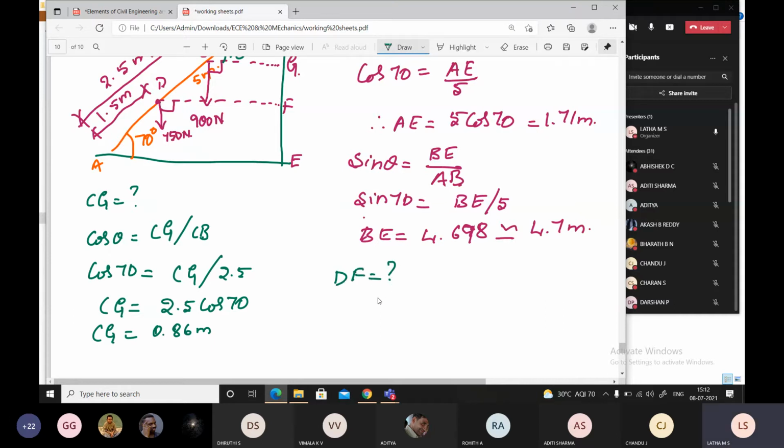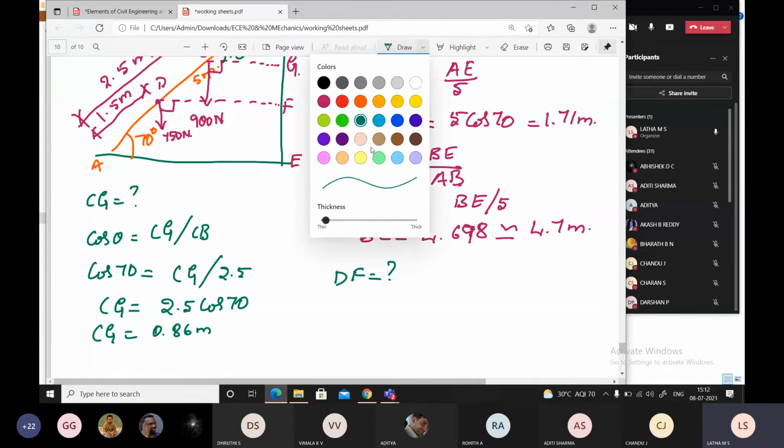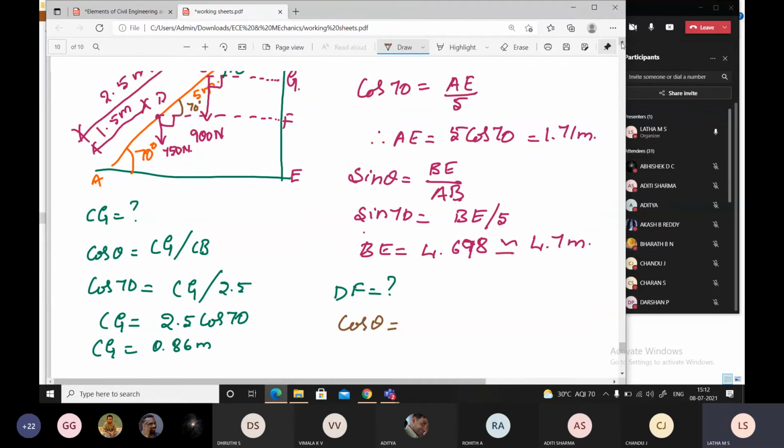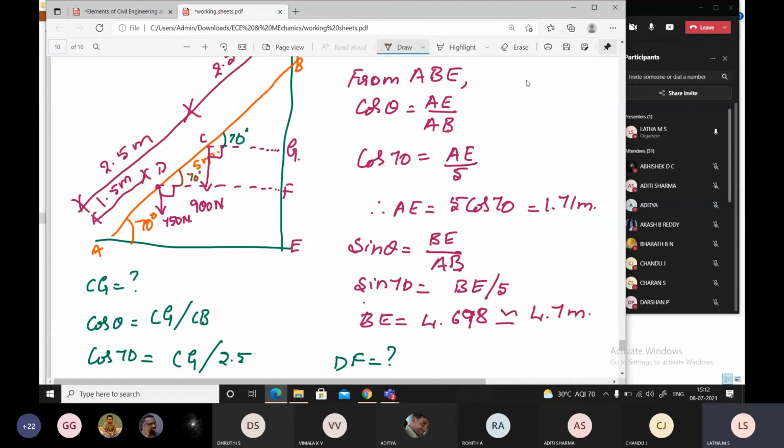Next I calculate DF. How to calculate DF? From the triangle or from the geometry you can see this angle is again 70 degrees. Now you tell me how to calculate DF. Again cos theta is equal to, tell me students. Cos theta is equal to DF by DB.